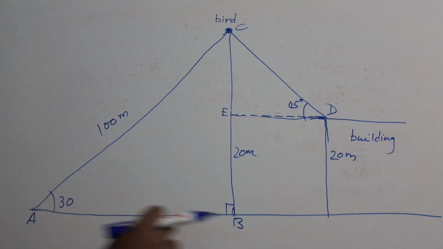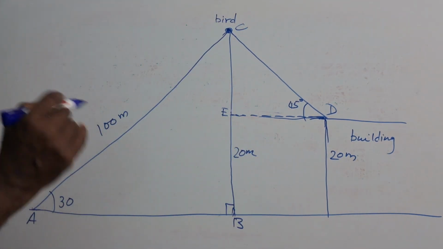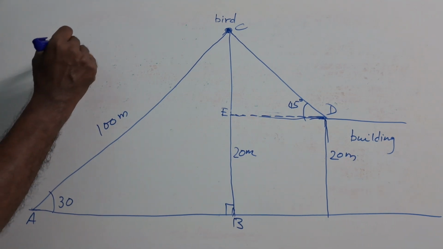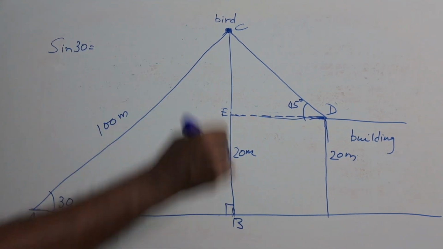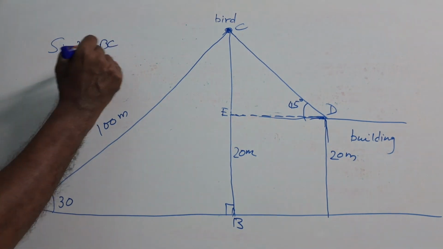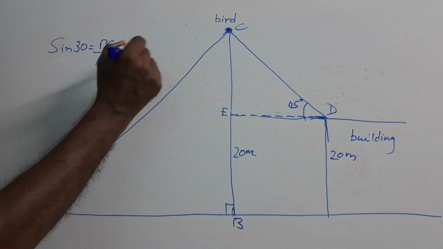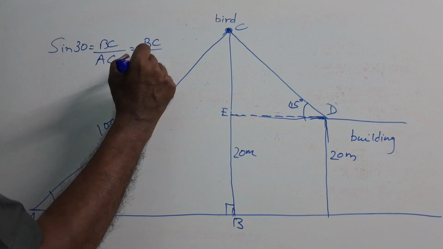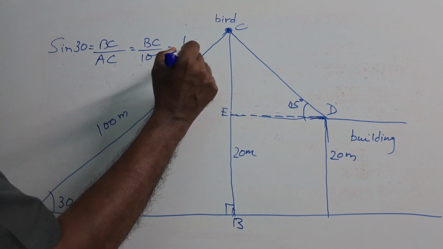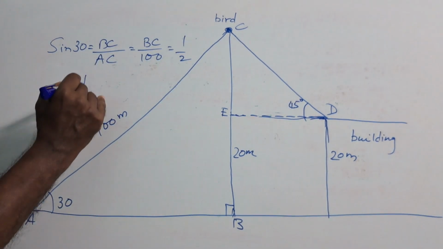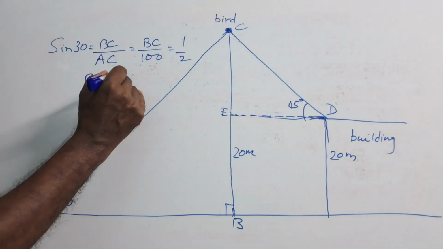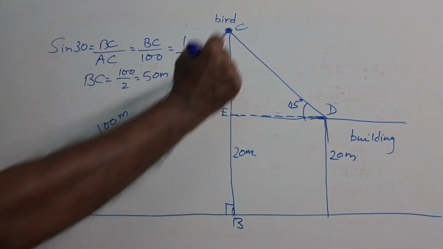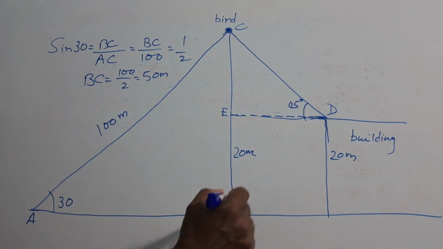So in this triangle ABC, sine 30 is equal to BC by AC, equal to BC by 100, equal to 1 by 2. By cross multiplication, we get BC equals 100 by 2, equals 50 meters.